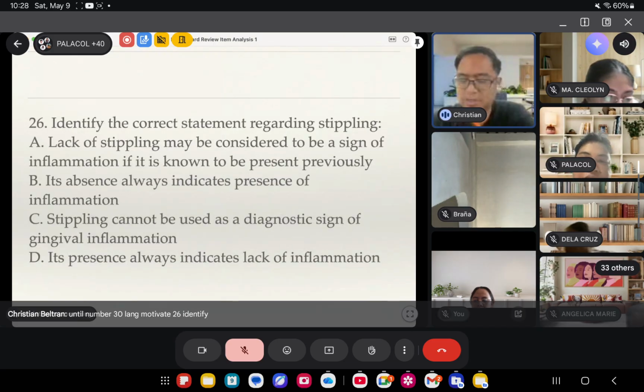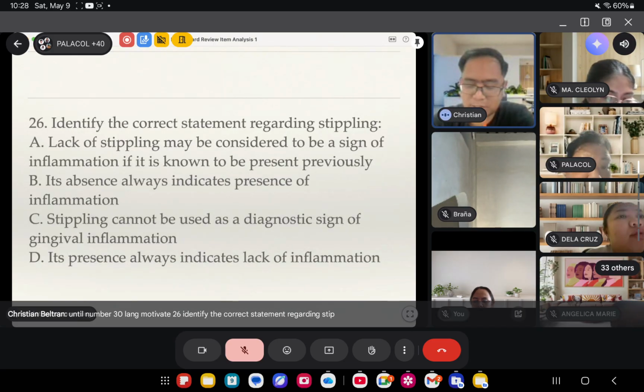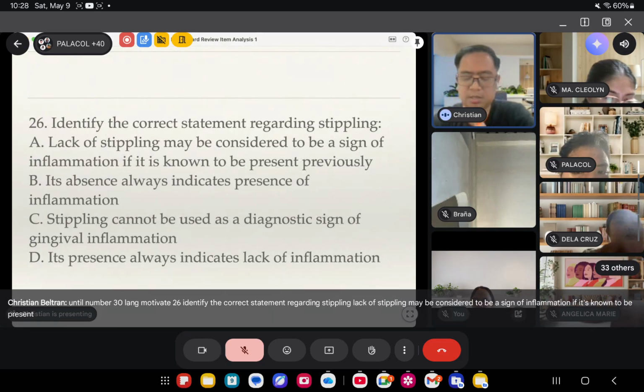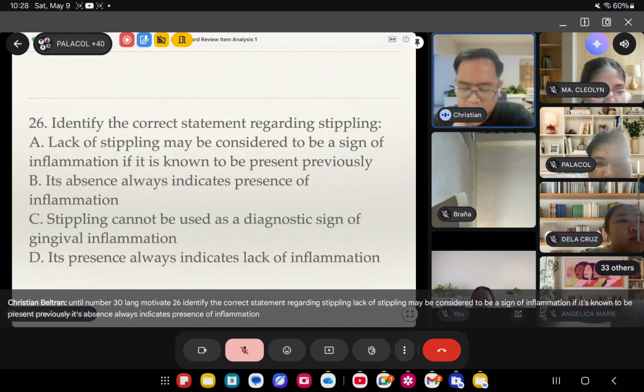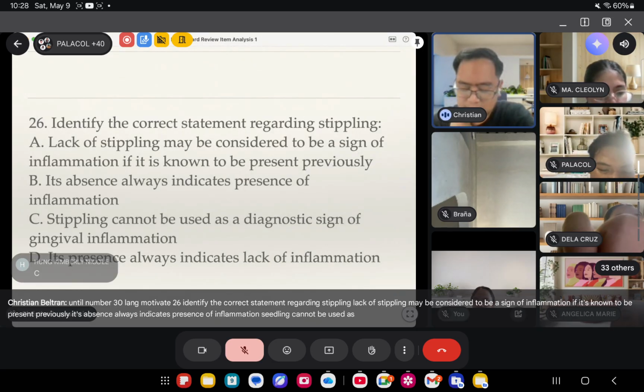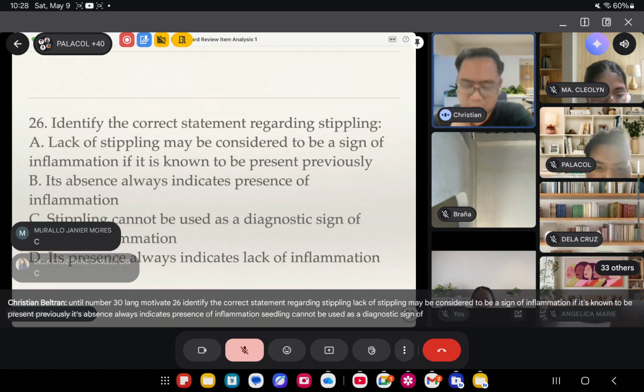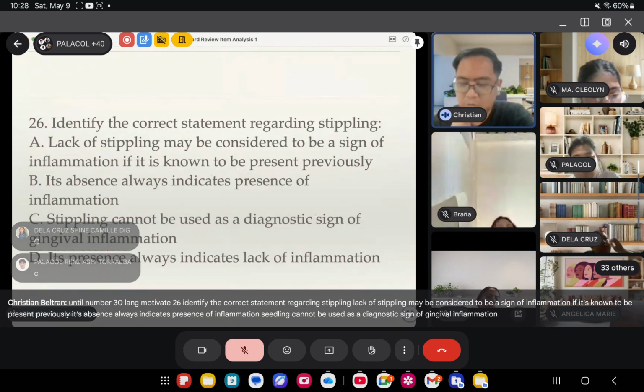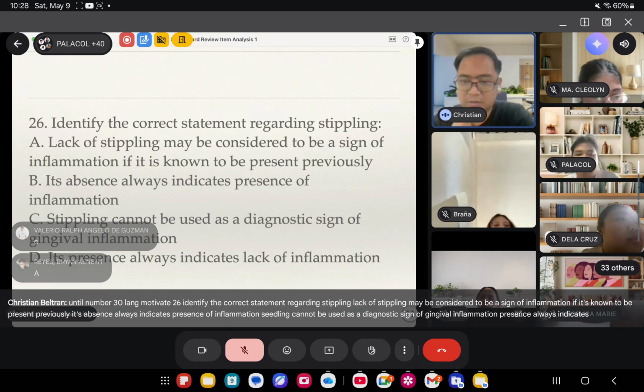26. Identify the correct statement regarding stippling. Lack of stippling may be considered to be a sign of inflammation if it's known to be present previously. Its absence always indicates presence of inflammation. Stippling cannot be used as a diagnostic sign of gingival inflammation. Its presence always indicates lack of inflammation.